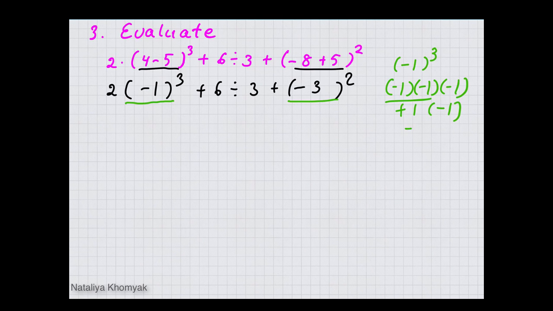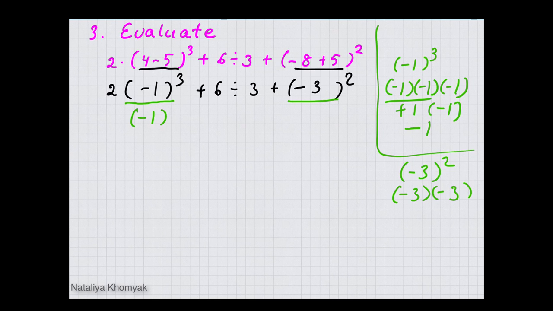Positive times negative gives us negative 1. So we have negative 1. And negative 3 to the second power is negative 3 times negative 3. Negative times negative, positive. 3 times 3, 9. So this exponent becomes positive 9. We keep everything else as is.